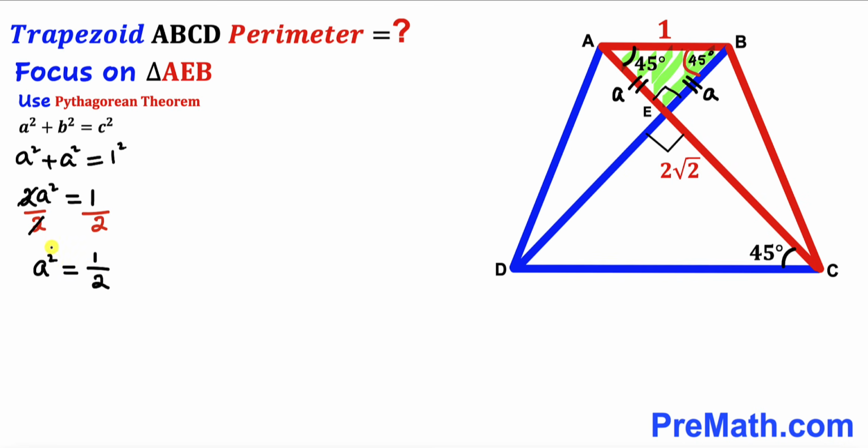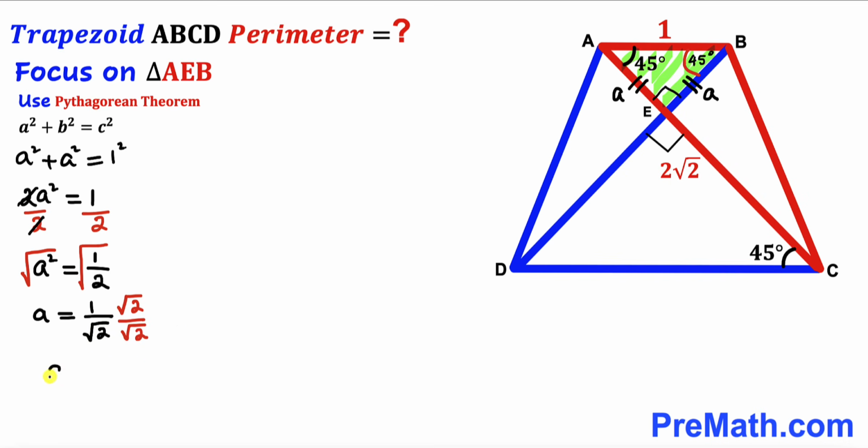Now I'm going to undo this square by taking the square root on both sides. So we see that our a value turns out to be 1 divided by the square root of 2. I'm going to rationalize the denominator by multiplying and dividing by square root of 2 at the very same time. Square root of 2 times square root of 2 gives us 2.